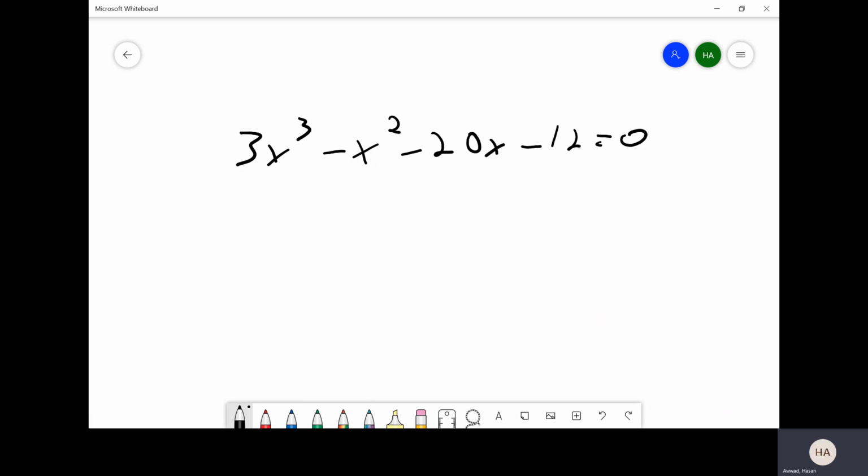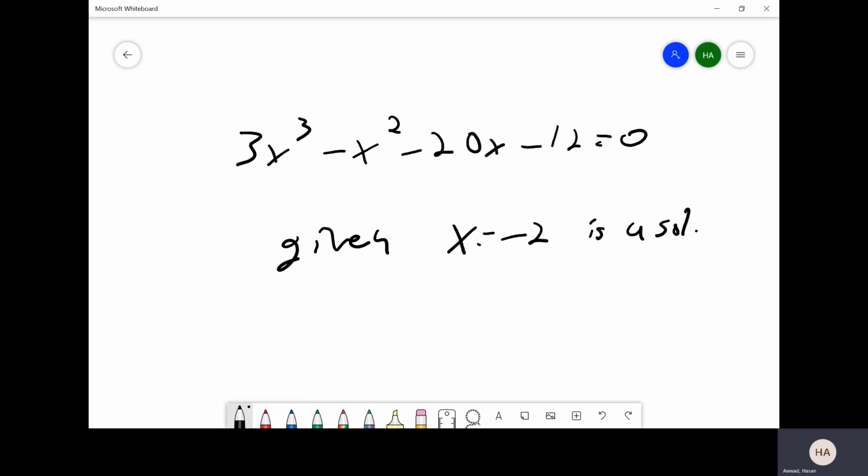And now I want to find all the solutions to this polynomial, given that I already know one of the solutions is -2. So given x is equal to -2 is a solution.